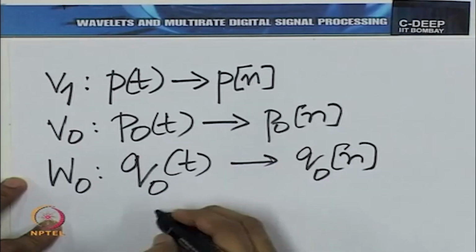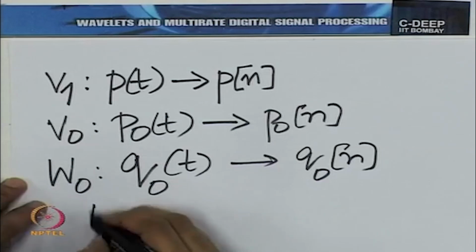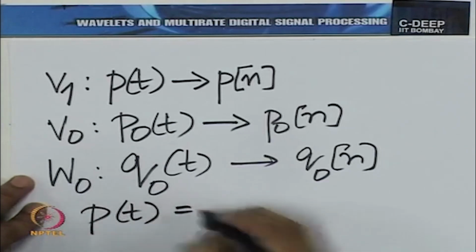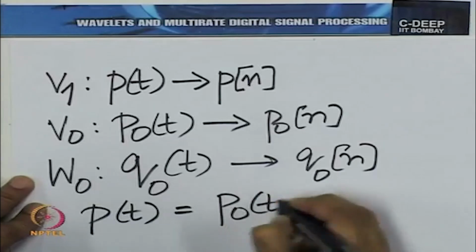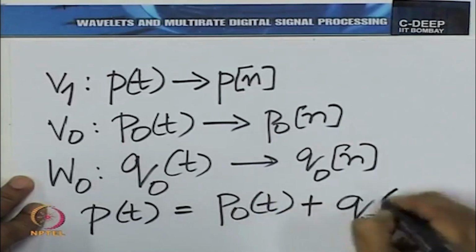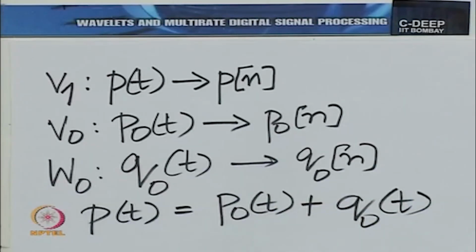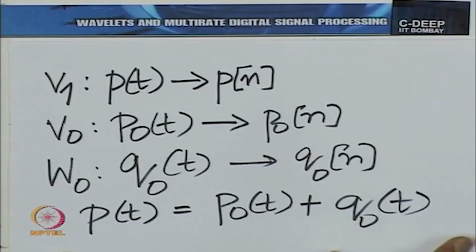So, P t is of course equal to P 0 t plus Q 0 t. But P n is not equal to P 0 n plus Q 0 n. That is not correct. That is because the orthonormal bases are different.